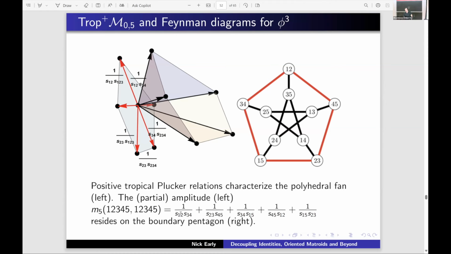Like, in the planar phi cubed amplitude, S12 and S34 appear together because they're connected by this edge, and they appear on the boundary here. And for any cycle in this, you get a copy of the planar phi cubed up to permutation.